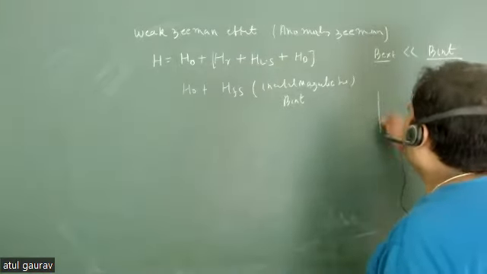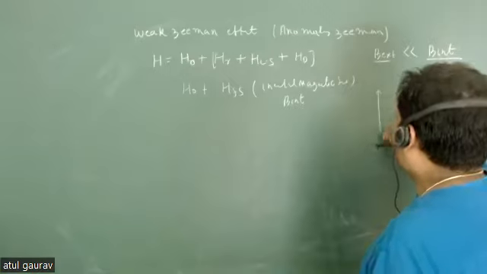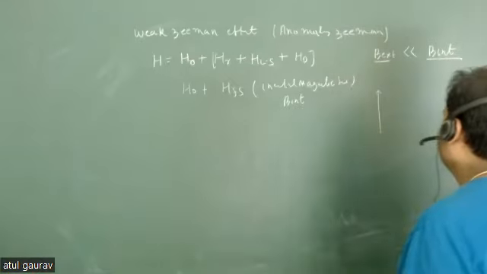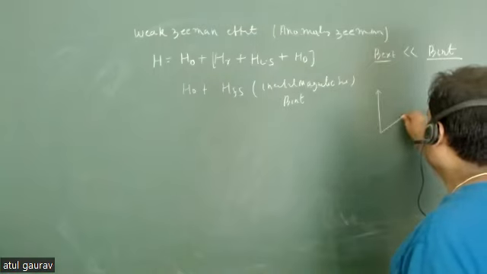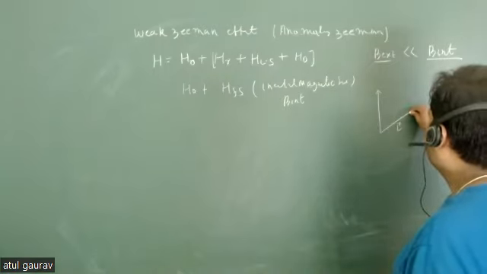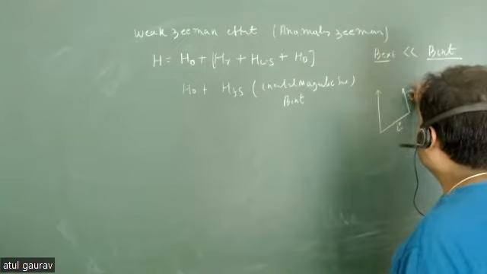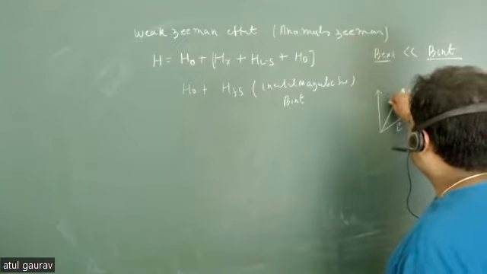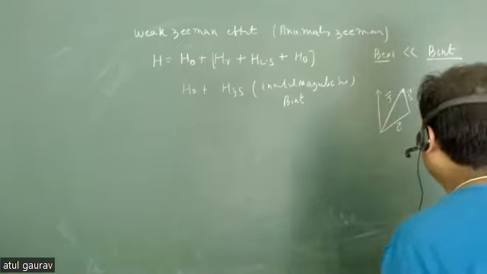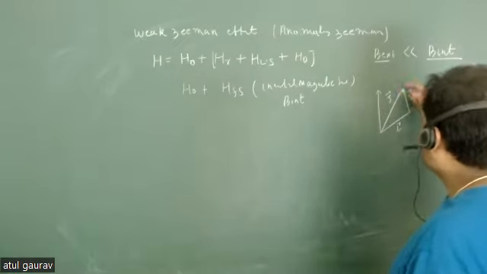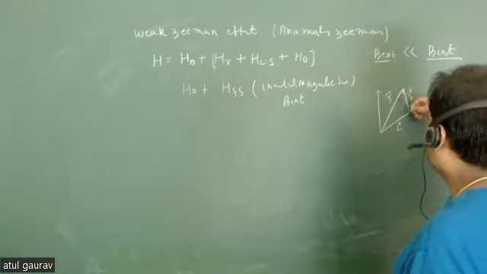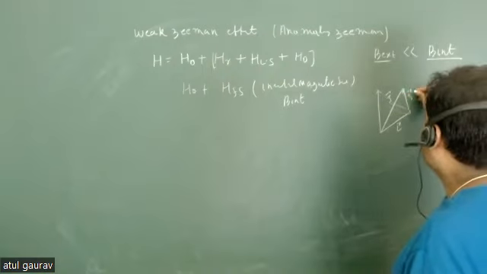Suppose this is my, and now I can assume this is the magnetic field in Z direction. So there is L vector, there is S vector, and this is your J vector. What will happen? L vector and S vector will precess about J vector, something like this. It can precess something like this.